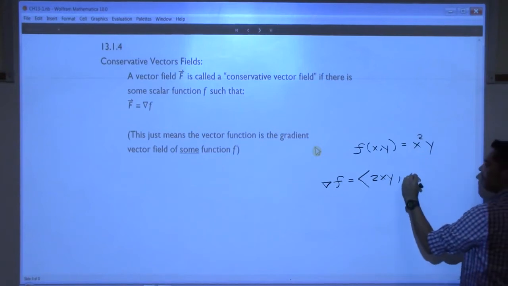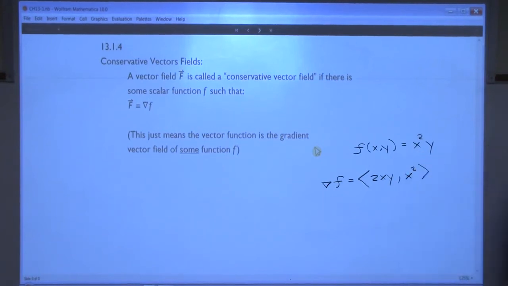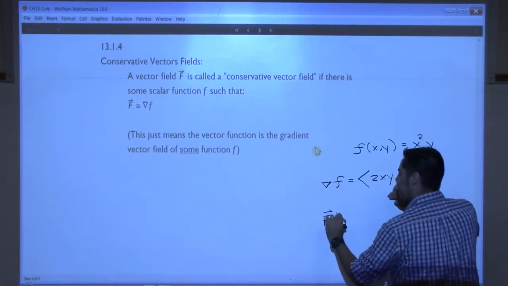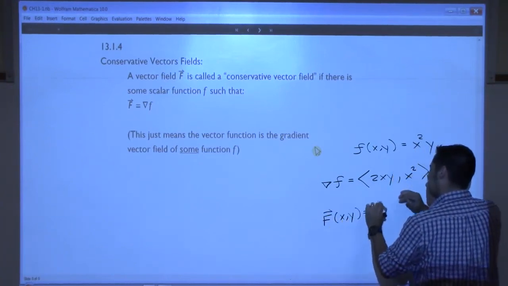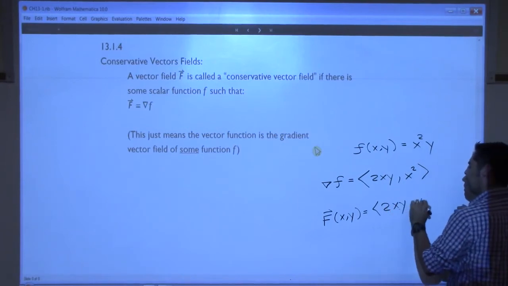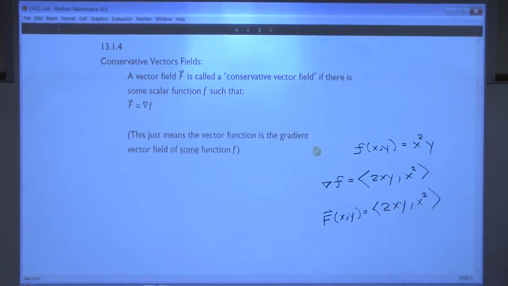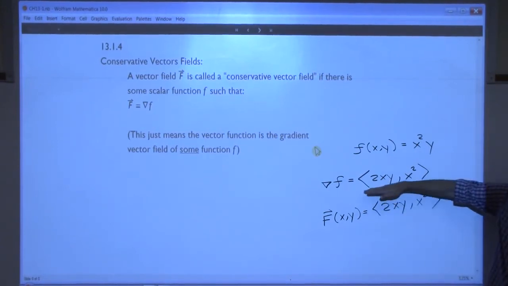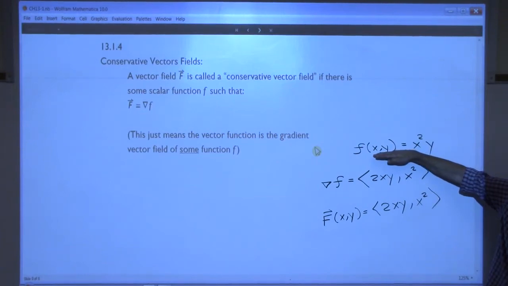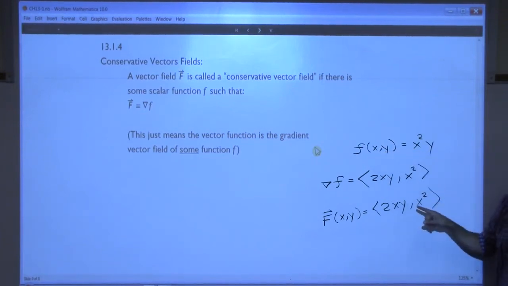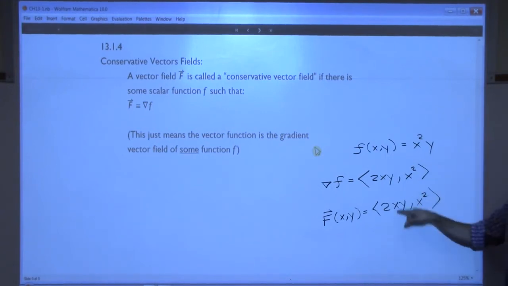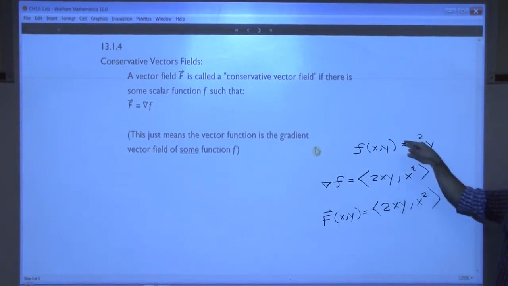Partial with respect to y, x squared. I could define this to be my capital F. So this is a vector field that comes from the gradient of a scalar function. Therefore, this is a conservative vector field because it comes from the gradient of a scalar function.